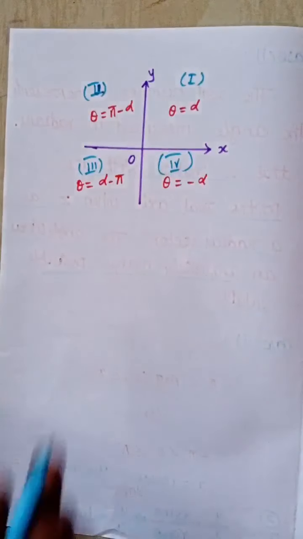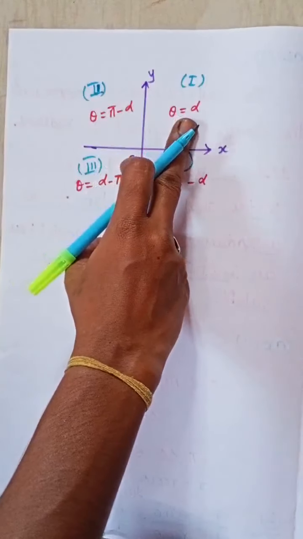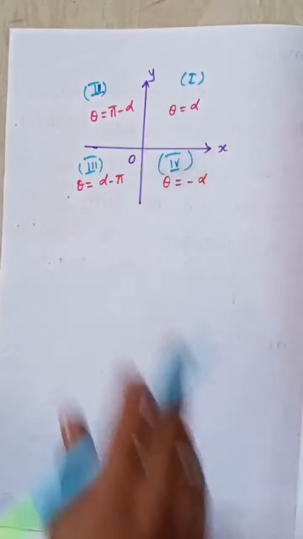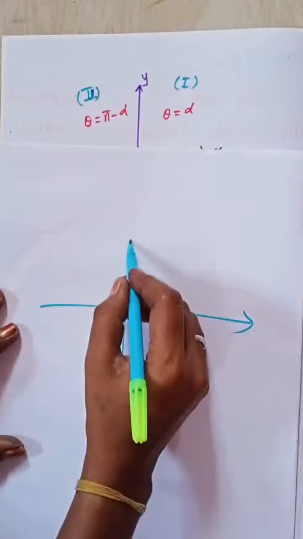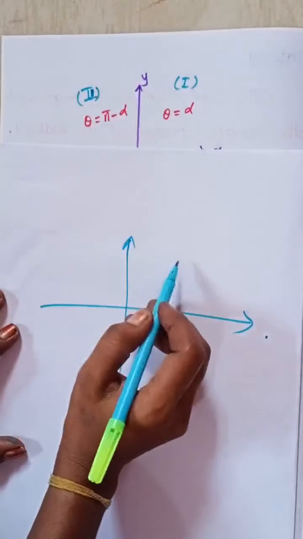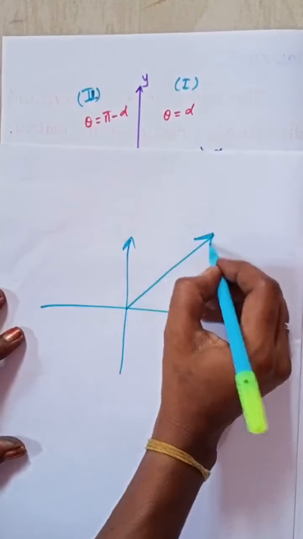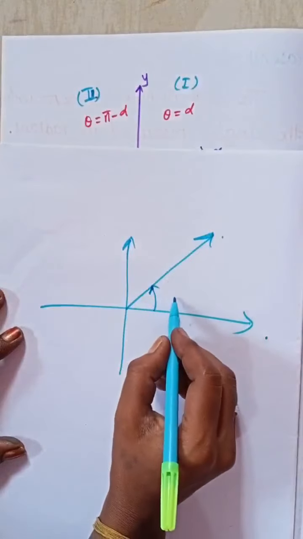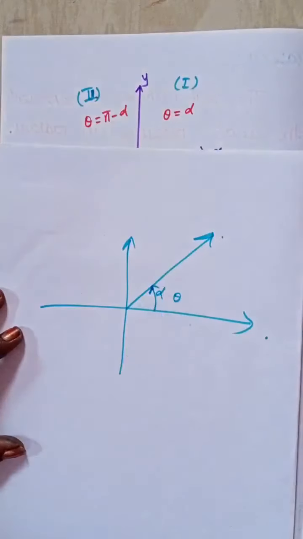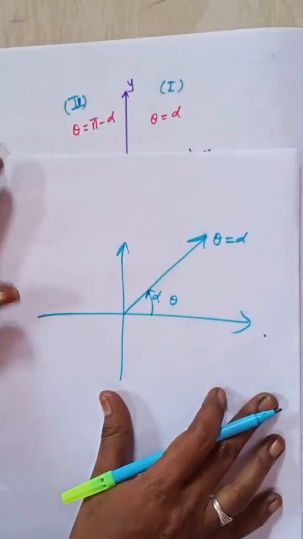Here theta is equal to alpha in the first quadrant. When Z occurs here, it makes an angle alpha, so only here theta equals alpha.